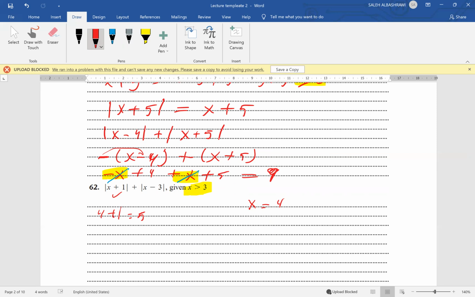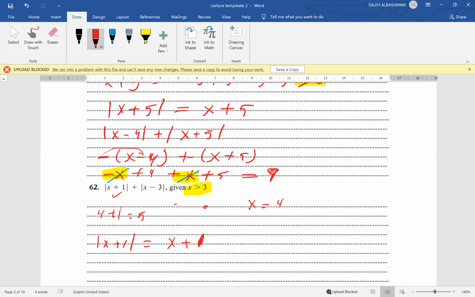So the absolute value of x plus 1 can be written as x plus 1 because it is positive. Again, for the second one, x equal to 4. Now I have x minus 3. So 4 minus 3 is equal to 1, which is positive again.